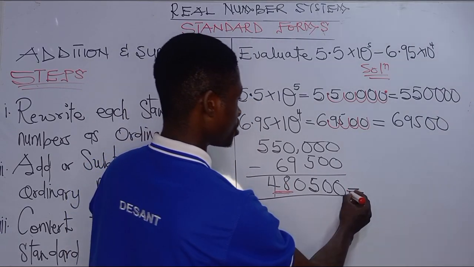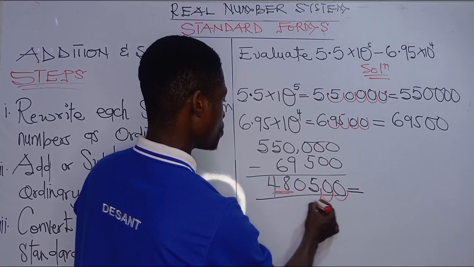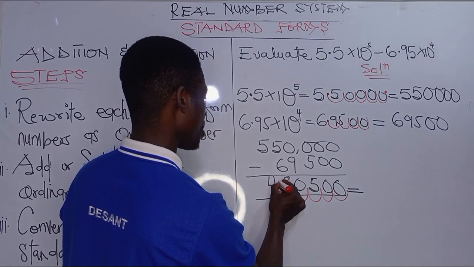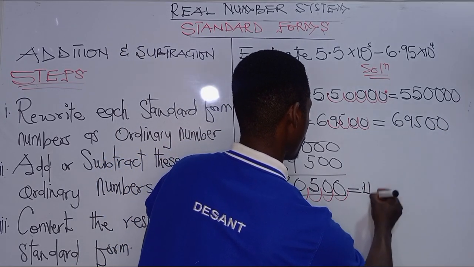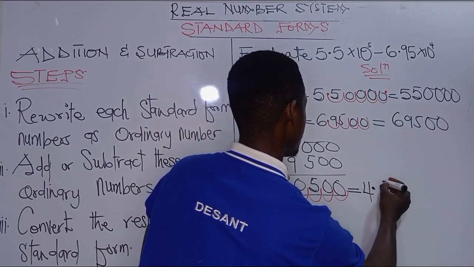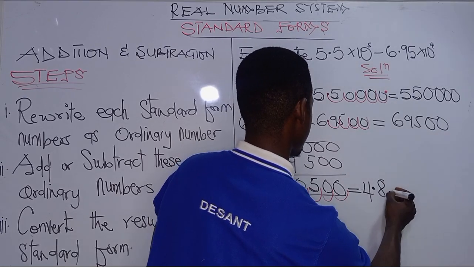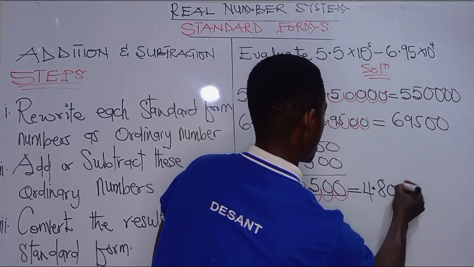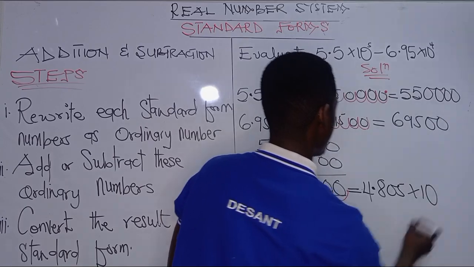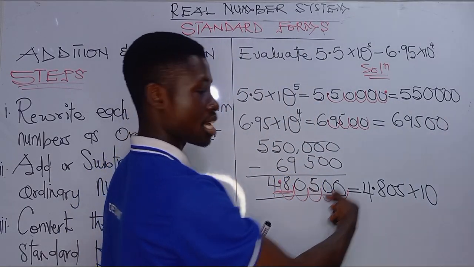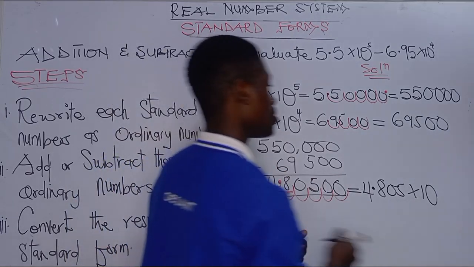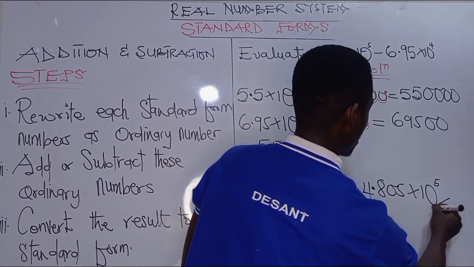So we have 1, 2, 3, 4, and then 5. So we have 4.805 times 10 raised to the power. You moved how many times? You moved 5 times, and we moved to the left. So you are going to have raised to the power 5.